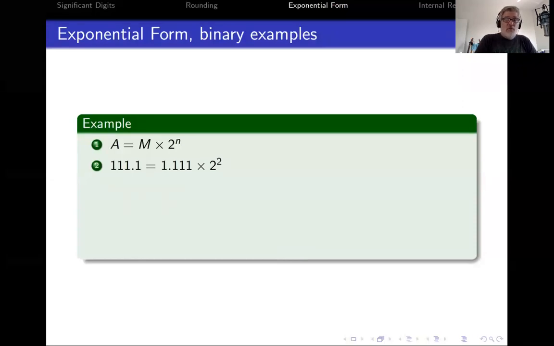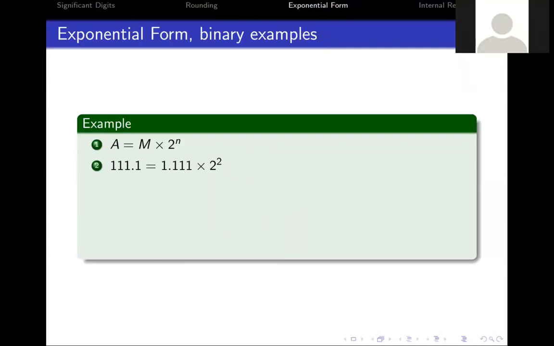So this is 1.111 times 2 to the power 2. Again, this is a mixed, weird notation where the mantissa is written in binary and the 2 is obviously in decimal, but it should be clear what's going on here.